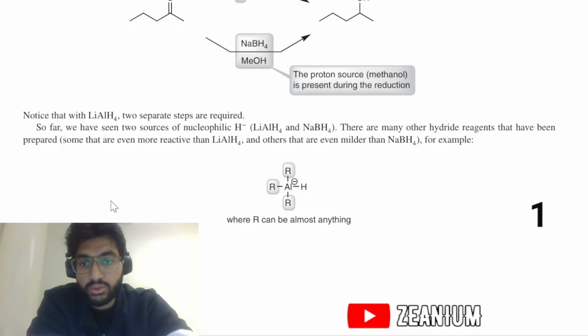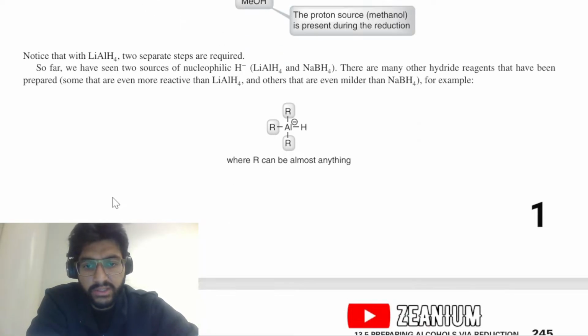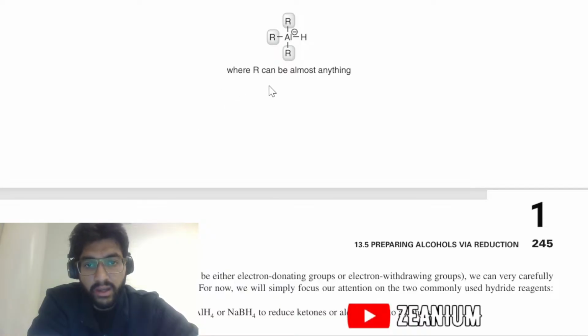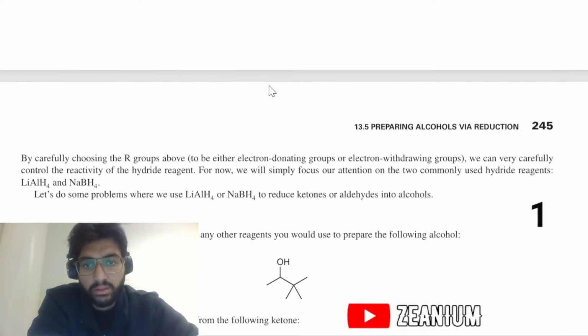So far, we have seen two sources of nucleophilic H minus: lithium aluminum hydride and sodium borohydride. There are many other hydride reagents that we have not prepared, some that are even more reactive than lithium aluminum hydride, and others less reactive.